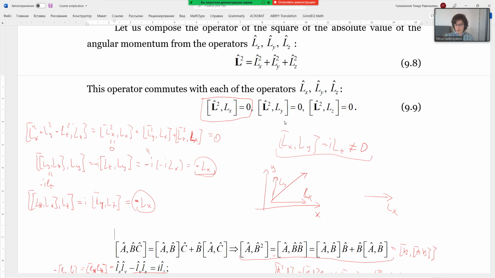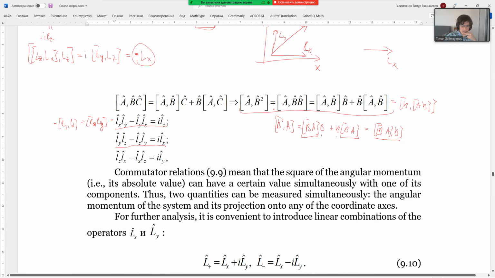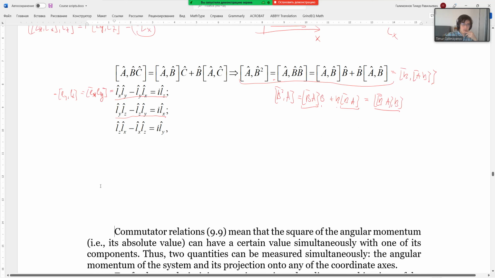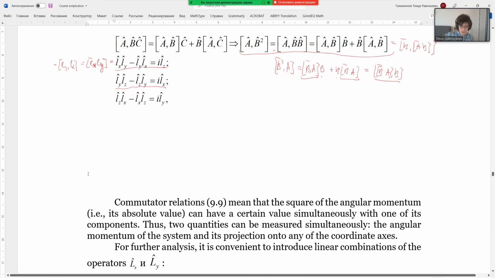In classical mechanics, we could have measured all three projections and the square, which equals the sum of all three projections squared. But in quantum mechanics, we cannot measure these three projections. We can measure only one projection, and the square of the angular momentum. So that is a very important thing.